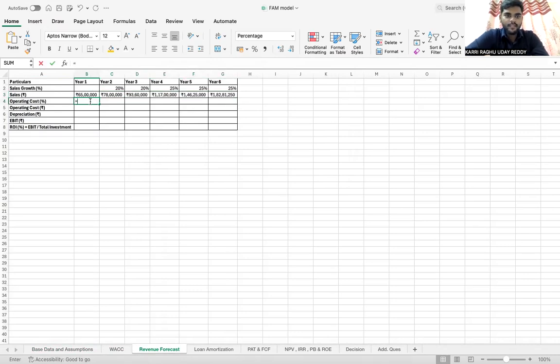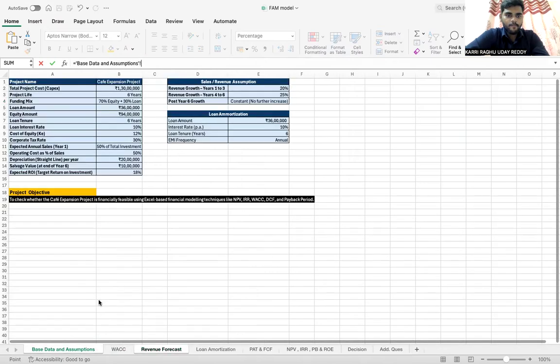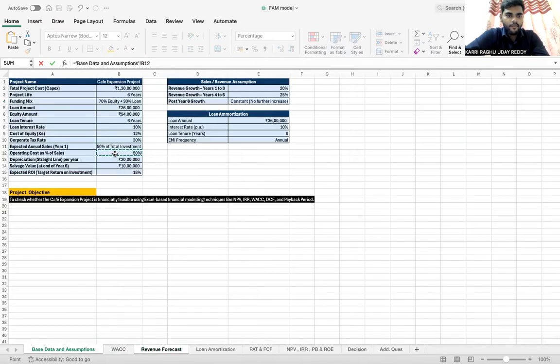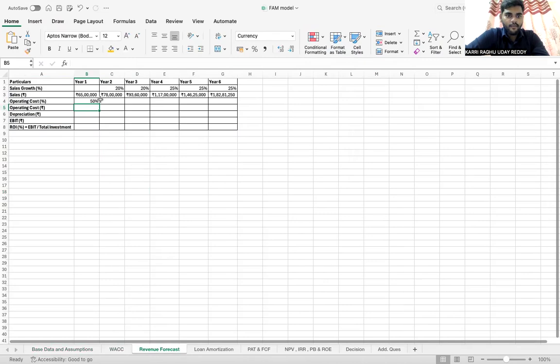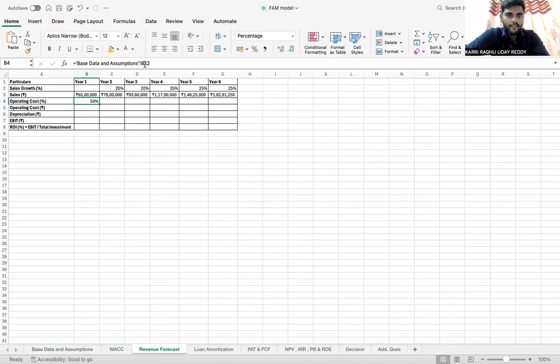And the operating cost percentage is given as 50% of sales. It will be the same for every year. Let me fix this cell value. It will not change.